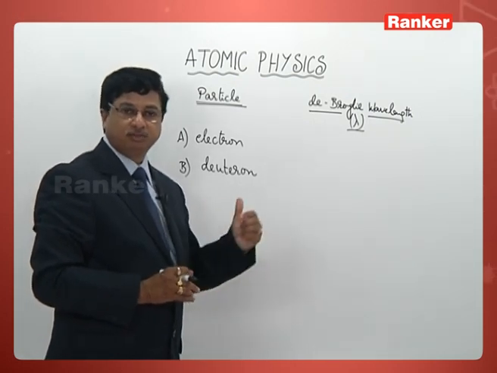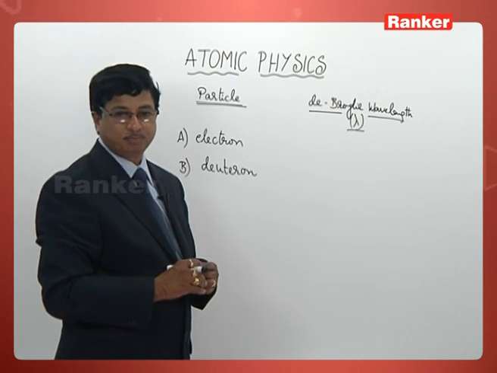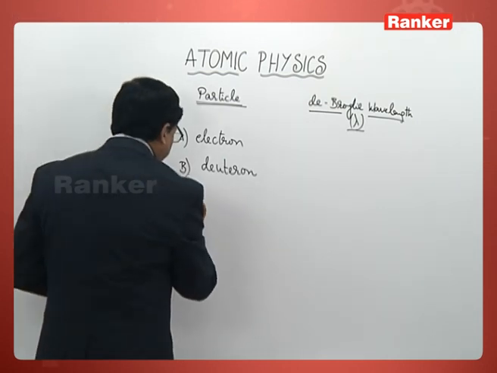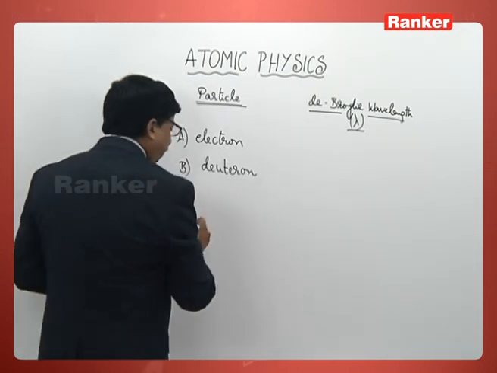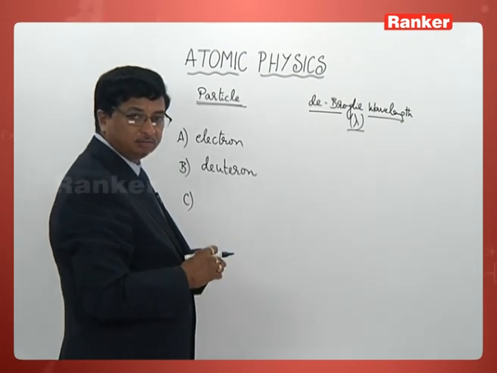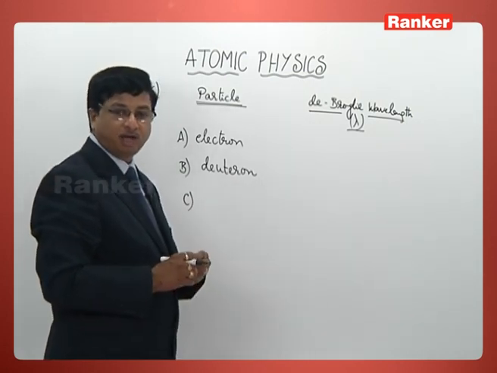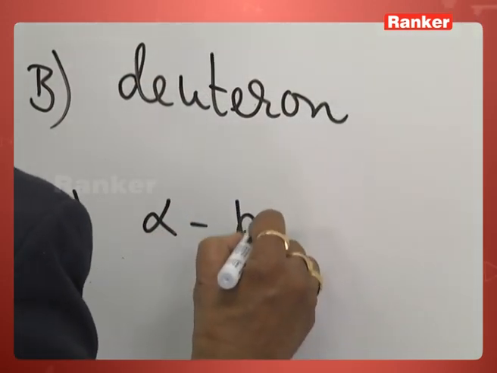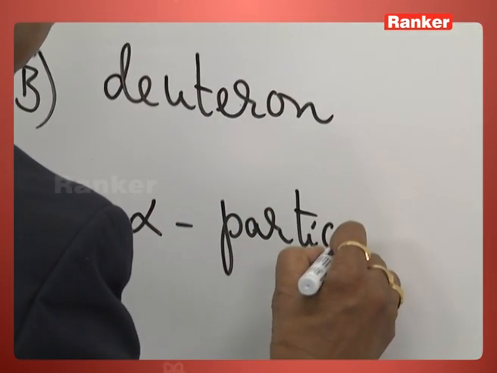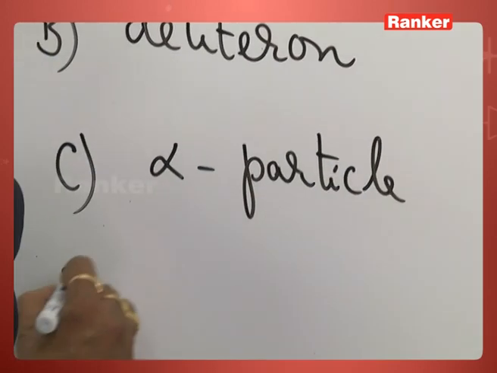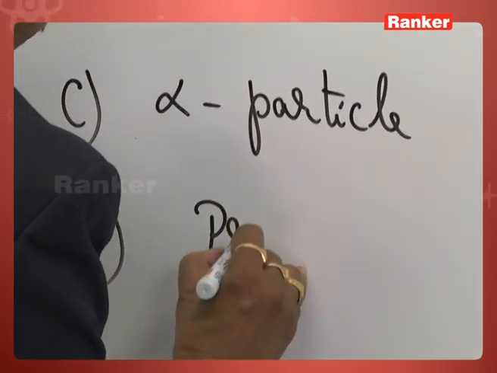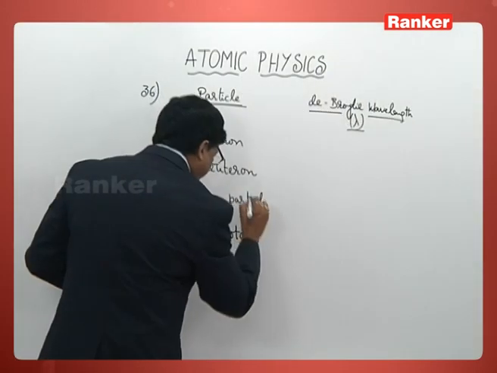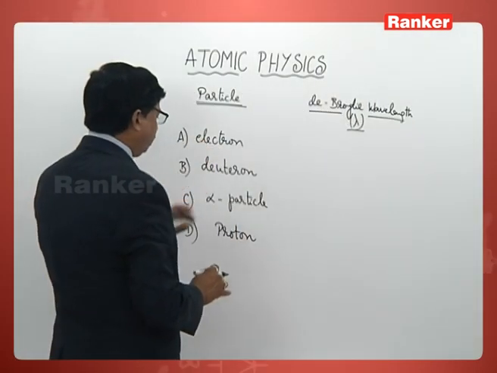Deuterium ion he has given as the second particle here. And third one is an alpha particle, and the fourth one he has given is a proton. These are the four particles mentioned.